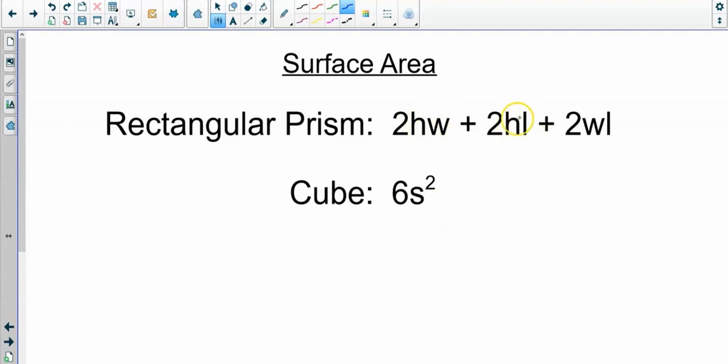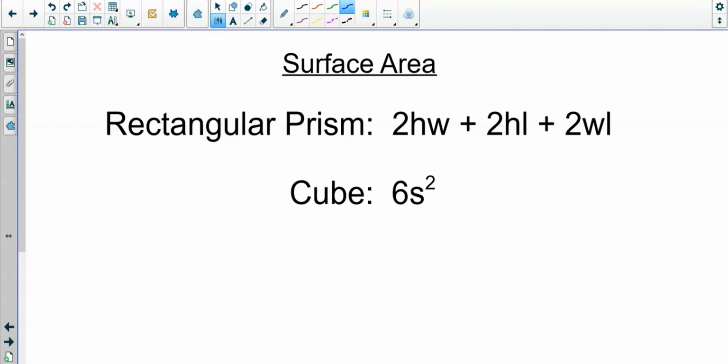There are 2 faces that are made up of the height and the length. There are 2 faces that are made up of the width and the length. So if you take 2 times the height and the length, plus 2 times the height and the width, plus 2 times the width and the length, and add all that up, you get your surface area.